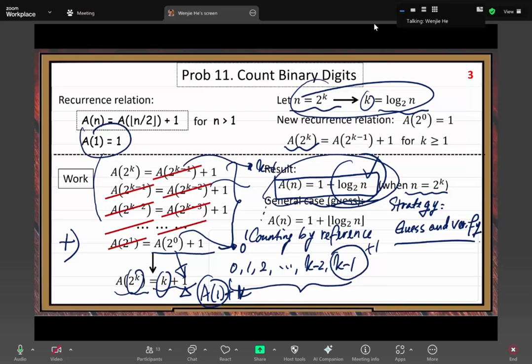Here we have the same situation. We need to make a guess. Based on our real world situation, the better the guess you make, the faster you can get your final solution.